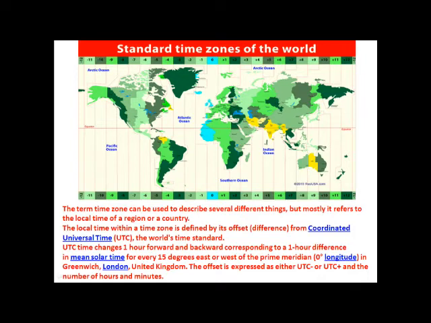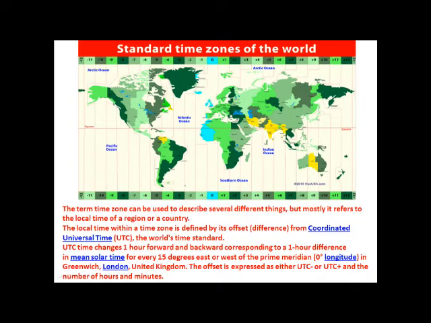It means the more you move from 0 to 15 degrees, 30 degrees, 45, your time continuously starts changing. The erstwhile Soviet Union had 11 time zones covering 165 degrees of longitudinal extent. According to the international agreement, the whole world is divided into 24 time zones, each corresponding roughly to 15 degrees of longitudinal intervals. Okay.